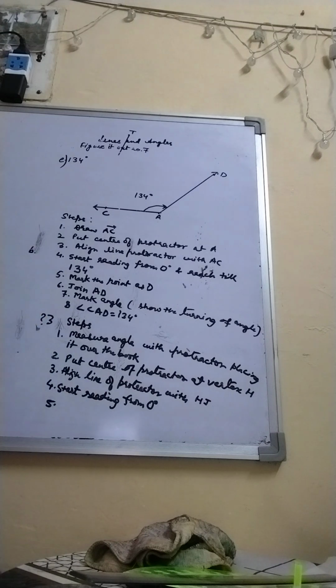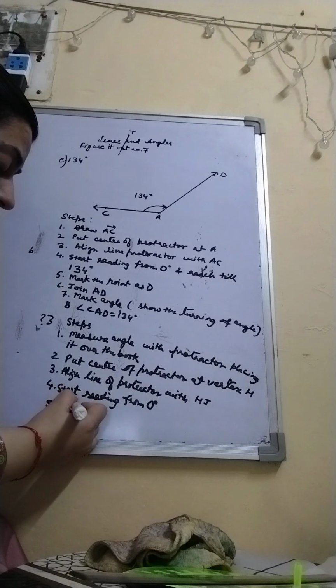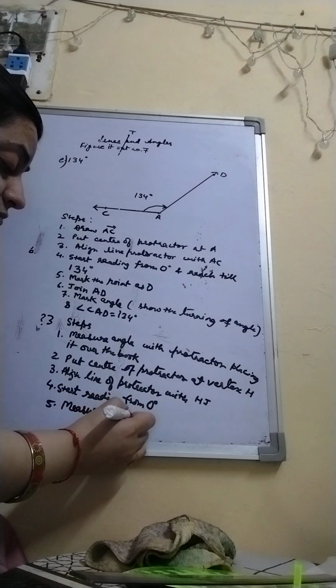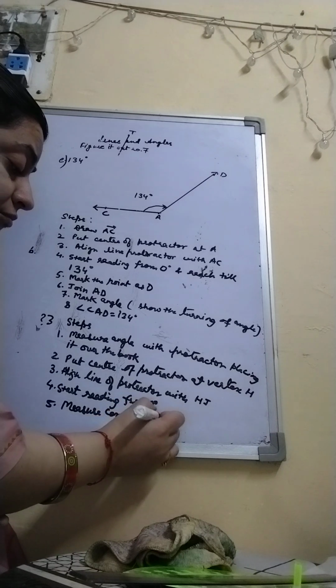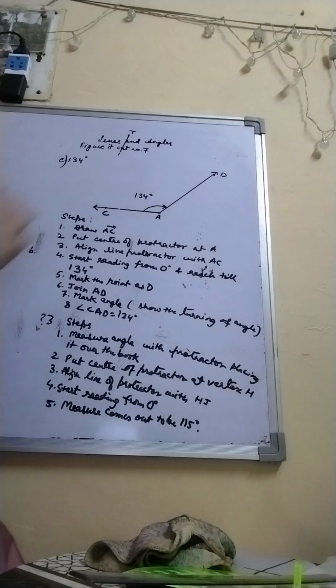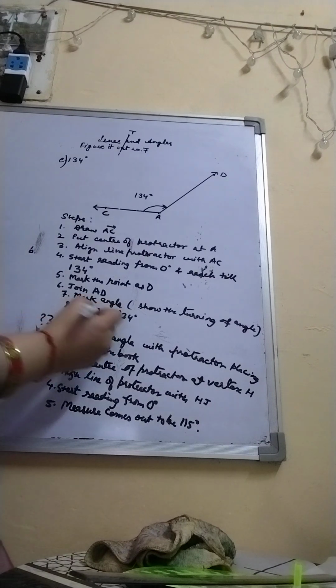Okay, start reading from 0 degree, then see your turning, and the measure comes out to be 115 degree. This is the first step.